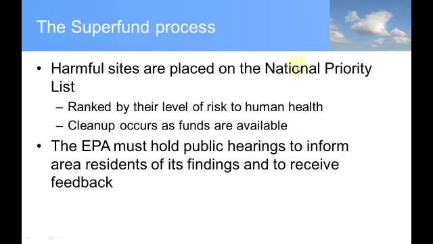Harmful sites then are placed on what's known as the National Priorities List, which is ranked based on their level of risk to human health. And then the EPA puts it out to bid, where contractors are hired to clean it up. And then the EPA must hold a series of public hearings to inform residents of its findings and get feedback from the residents about how well they're doing to clean it up.